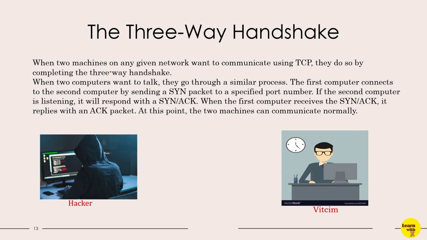When two machines on any given network want to communicate using TCP, they do so by completing the three-way handshake. This process is very similar to a phone conversation. When you want to talk to someone on the phone, you pick up the phone and dial the number.